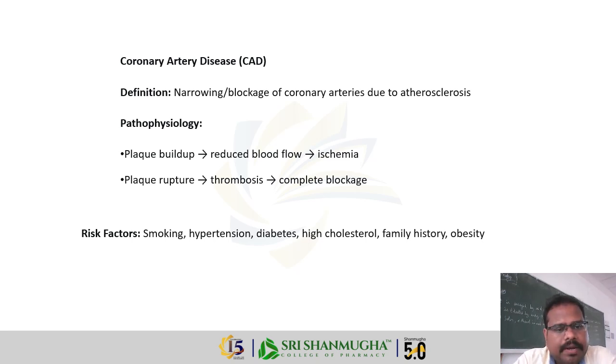Then plaque rupture: once the plaques form, they may get ruptured. This rupture will form thrombosis, like a blood clot within the blood vessels. This may completely block the blood flow in the arteries. So these are the two pathophysiologies that lead to coronary artery disease.